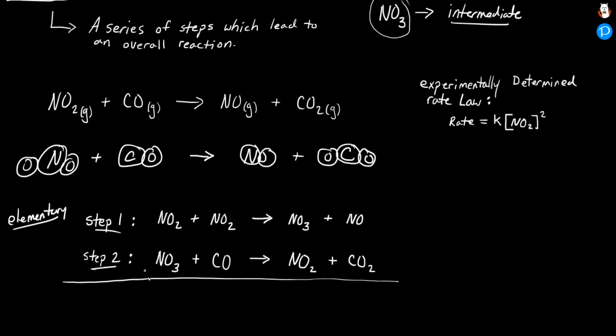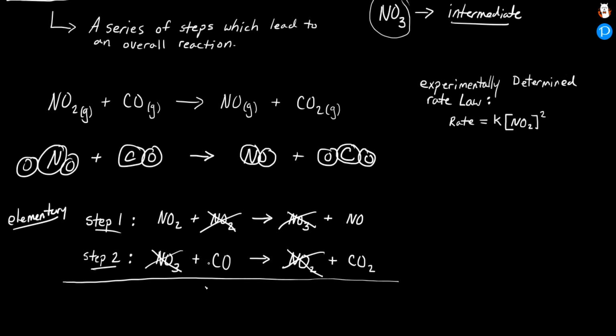It's on the left-hand side of this reaction, and it's on the right-hand side of the top reaction here. That means when I add these two reactions together, they are going to cancel out. And I also have an NO2 on the left-hand side of this reaction and an NO2 on the right-hand side of this reaction. So again, those are going to cancel out.